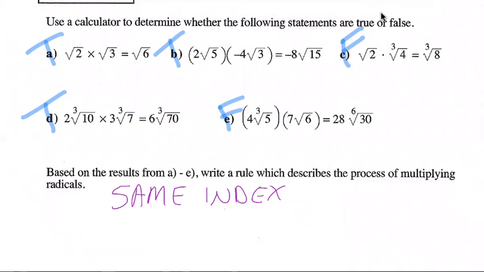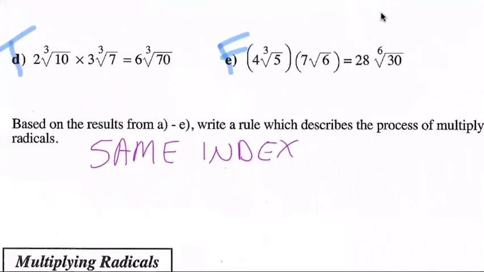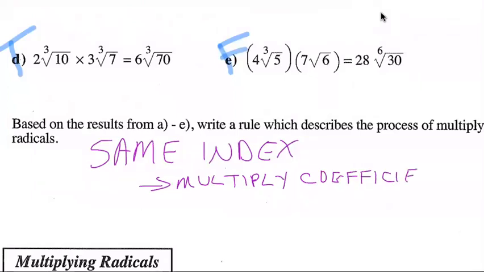After that, once you've determined it is going to work because they all have the same index, you simply just multiply the coefficients and you multiply the radicands.